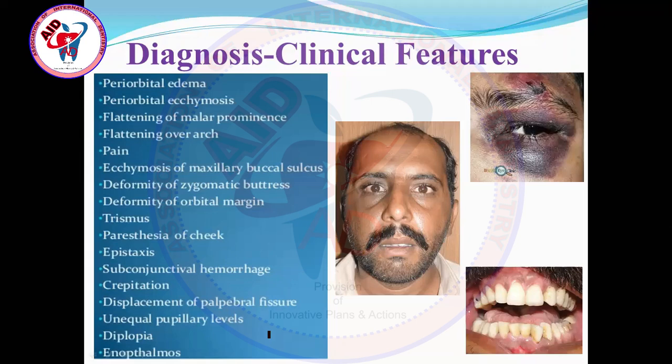Once these fractures are there, due to displacement of bones, the globe may get displaced. This is one of the reasons for diplopia. Or once the fracture is there, the extraocular muscles which move the eye globe get entrapped within these fractured bones. They will also restrict the movement of the affected side eye.